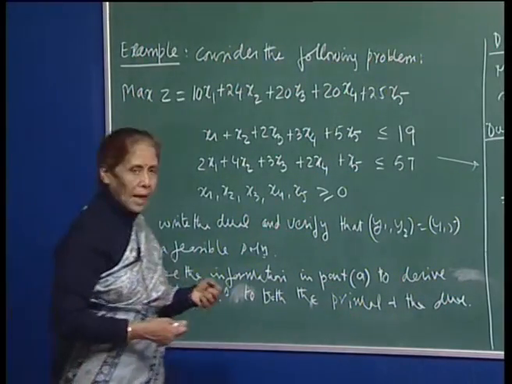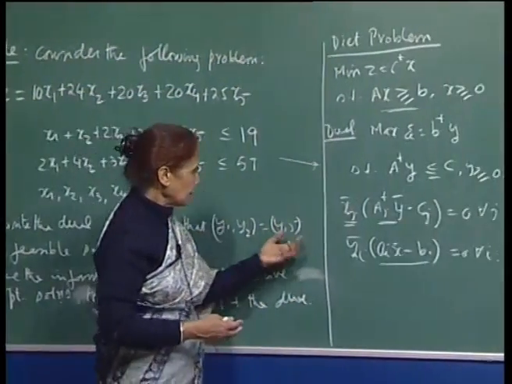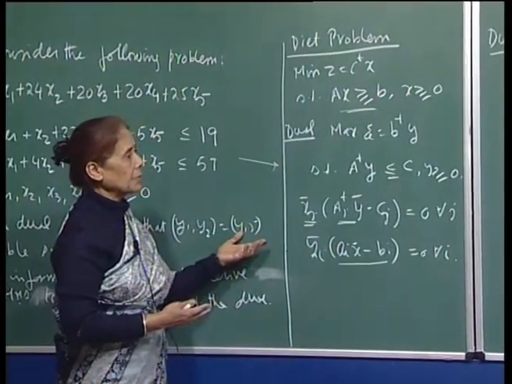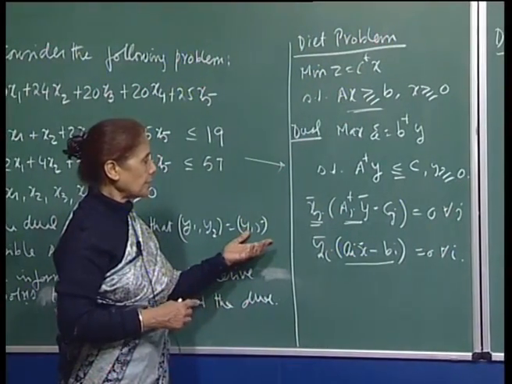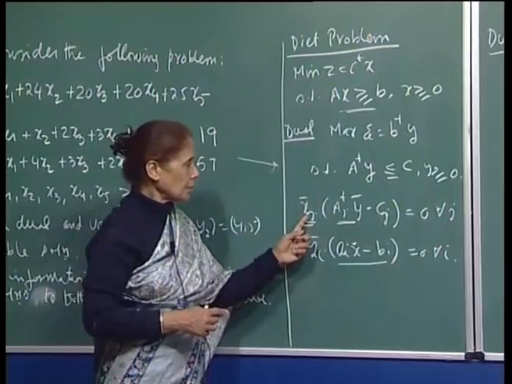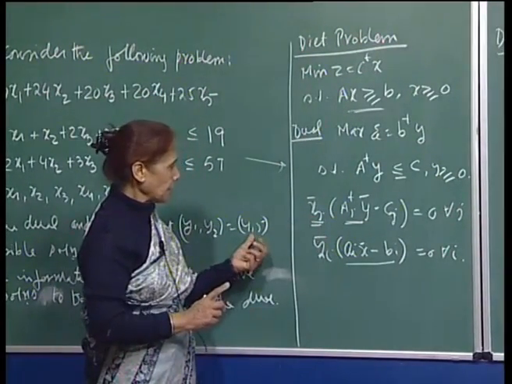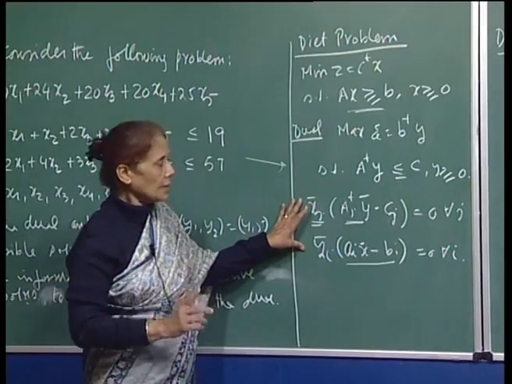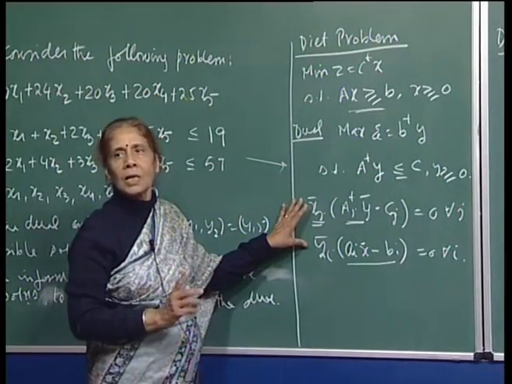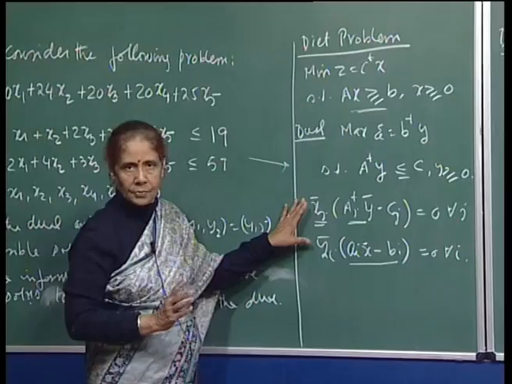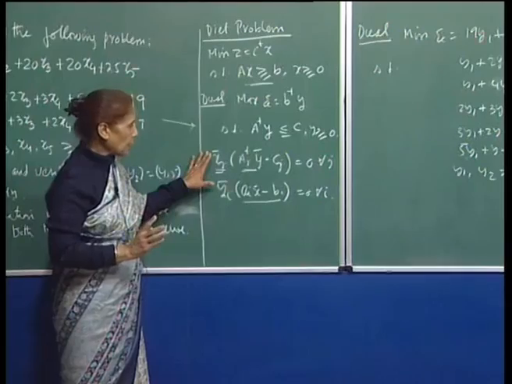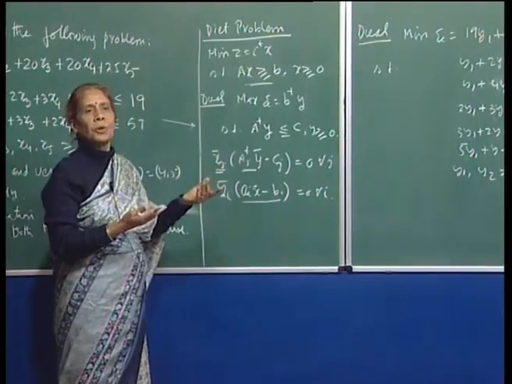So, let me take a gamble. I already have a dual feasible solution. Let me see if I can find a feasible solution for the primal, which together with this dual feasible solution satisfies the complementary slackness conditions. If I can find one, then I know that both must be optimal.